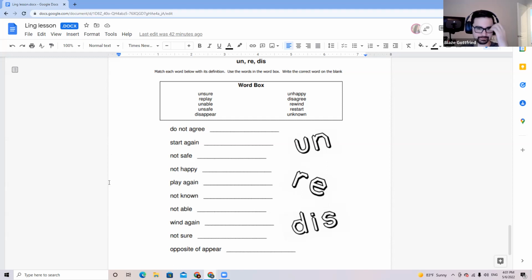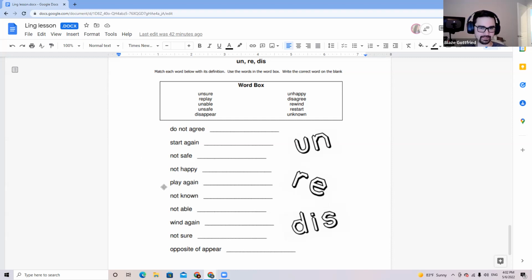So the next one is not sure. So if you are not sure of something, is it un, re, or dis? Remember, we learned from the slides that you guys have, and then obviously on the worksheet, all the other knots are the same. So do you guys think this last one is probably the same too? That's right, it is. So not sure is unsure.